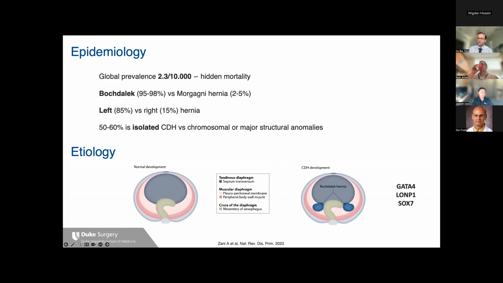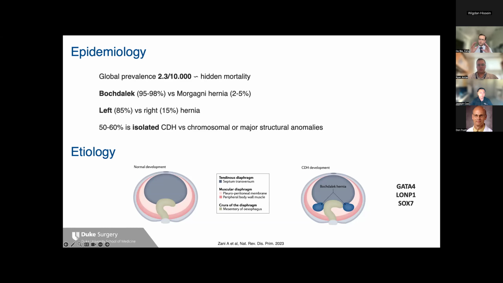When we talk about CDH, there are typically two types. The Bochdalek, which is the posterolateral type of CDH, is the large majority, and also the clinically most severe, or I would say most interesting, CDH phenotype. And then you have the Morgagni, which is the anterior CDH, which we will not talk about during this talk, or at least not in my slides.